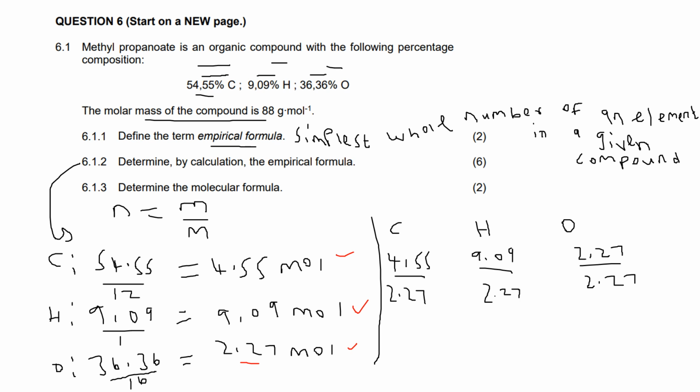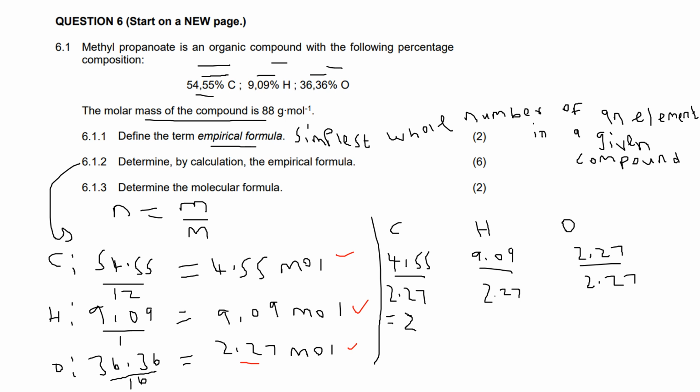Now let's get the values. Let's do them one by one. 4,55 divided by 2,27. That's giving me 2,00. That's same as having 2, so just give it as 2.